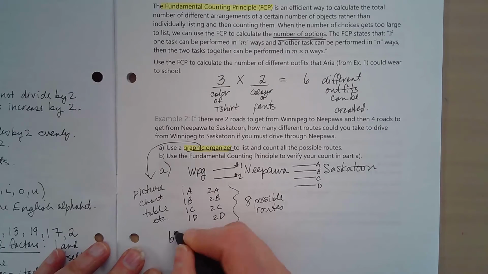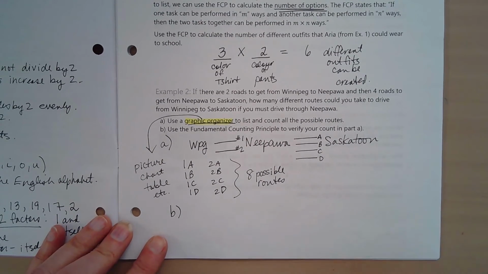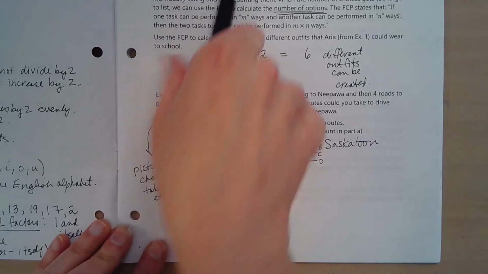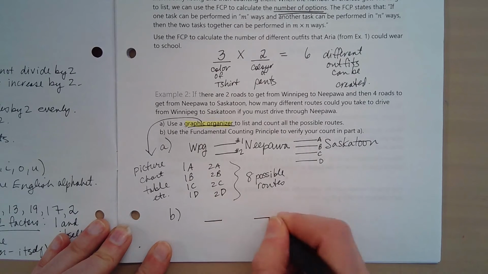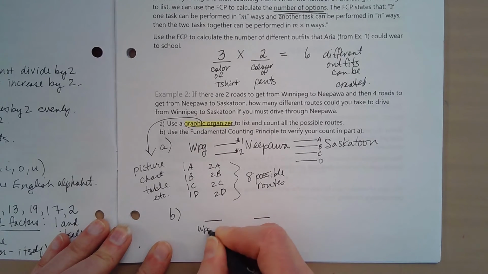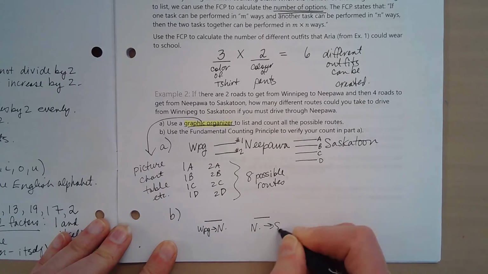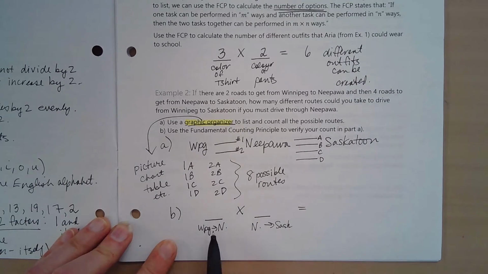Now, using the fundamental counting principle, we're going to verify our answer. So, how many legs of the journey do I have? 2 legs of the journey, right? I've got Winnipeg to Neepawa, and then I've got Neepawa to Saskatoon. How many routes did I have?